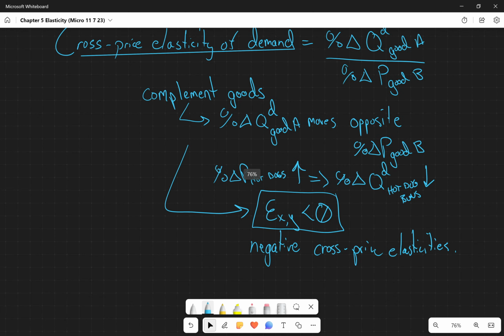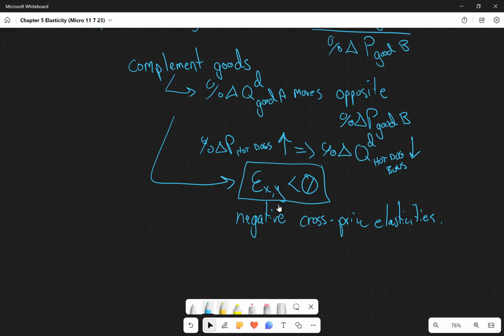The other type of good is a substitute good, right? A substitute good, which could be Coke and Pepsi or something like that, right? This is when they move in the same direction. Substitutes, same direction.